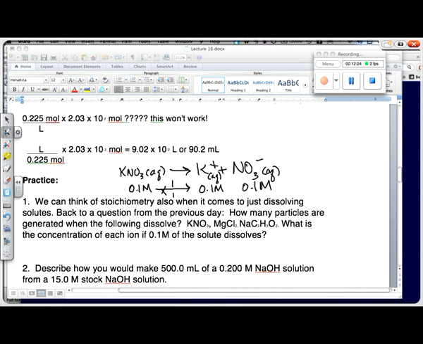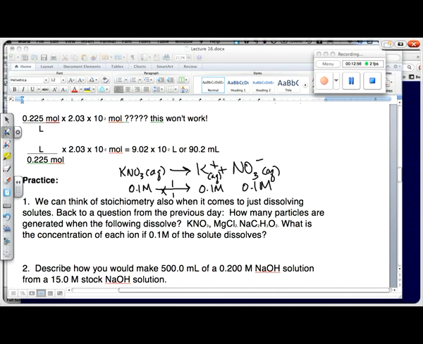Now if you had a solid, you couldn't do that, but you're just talking about taking something that's dissolved and its concentration, and you can extend the concentration to the particles that come out of that dissolving by the stoichiometry. So we did it conceptually before, but now I wanted to attach a molarity to it. This idea comes up all the time in chemistry. In fact, when you get to 132 and you're doing equilibrium, this idea comes up quite a bit as well.